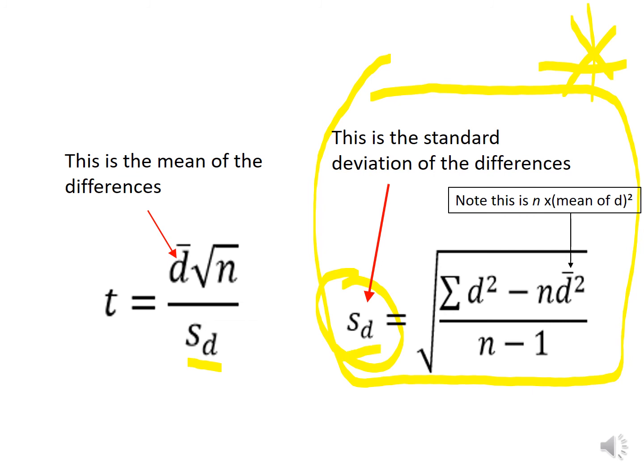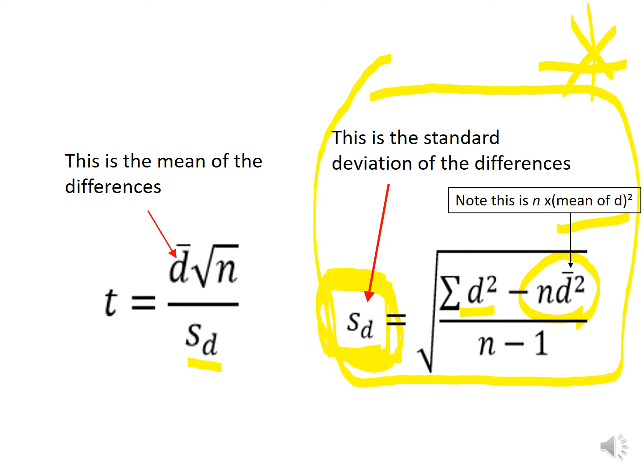To work out the standard deviation for the t-test, you do the sum of the differences squared minus, and look at this, this is where people go wrong, the number of individuals times the mean of the differences squared. So read this bit, please. Like I said, the only times I've ever seen these come up, you are given the standard deviation, but just be aware that this is the equation just in case.